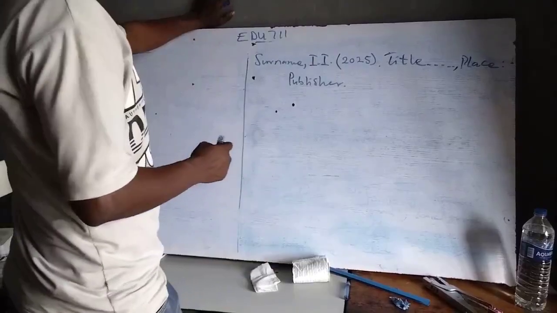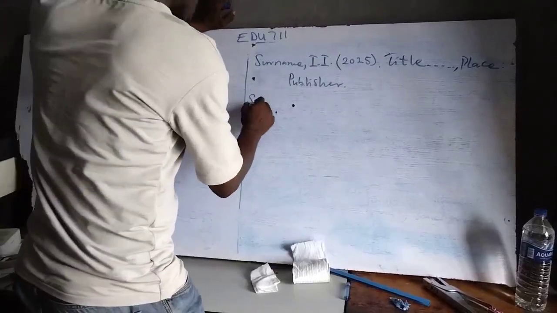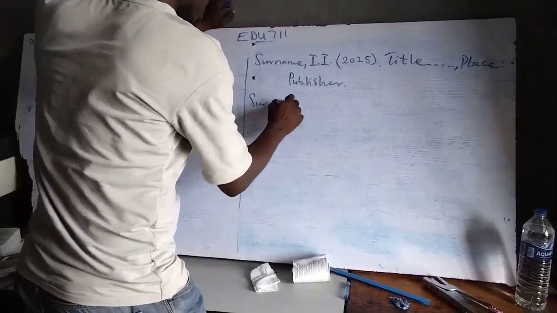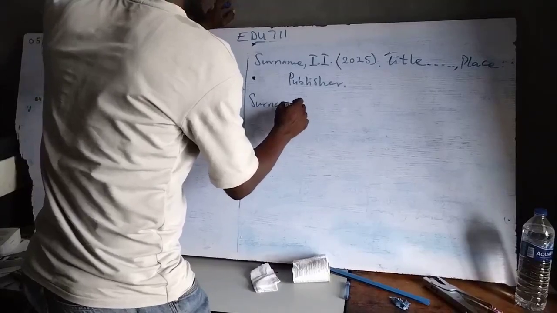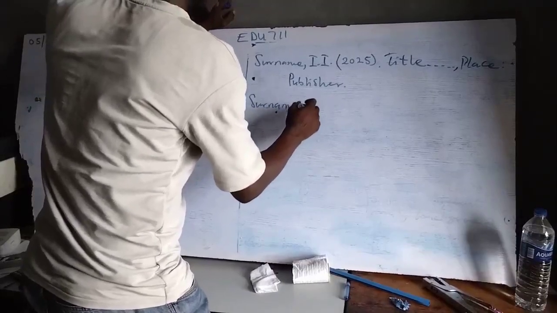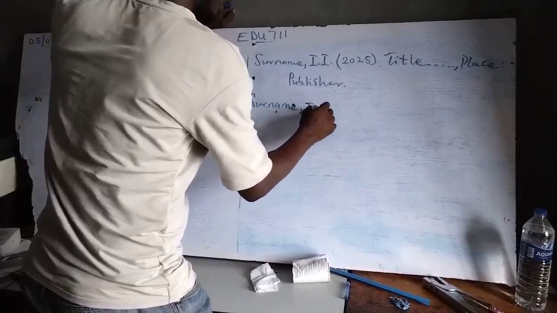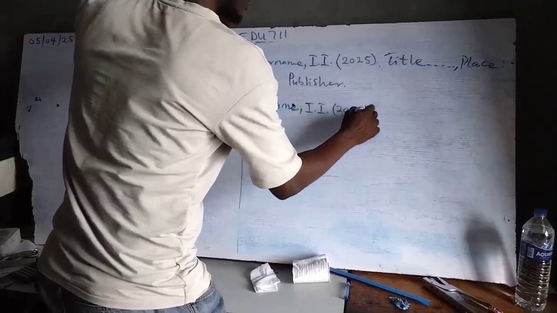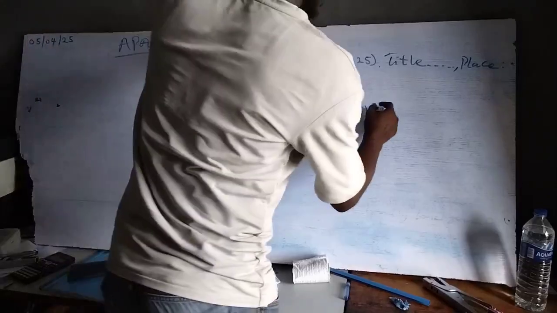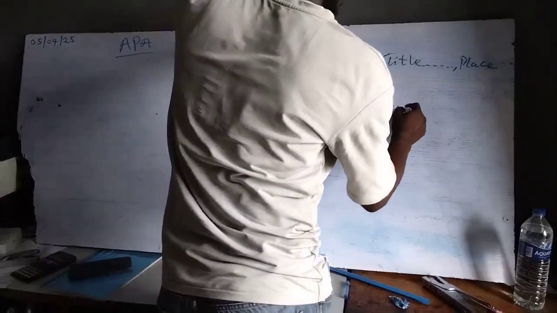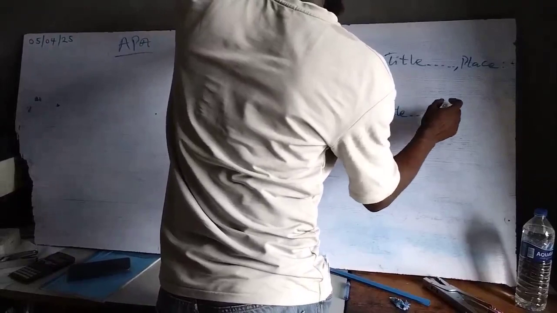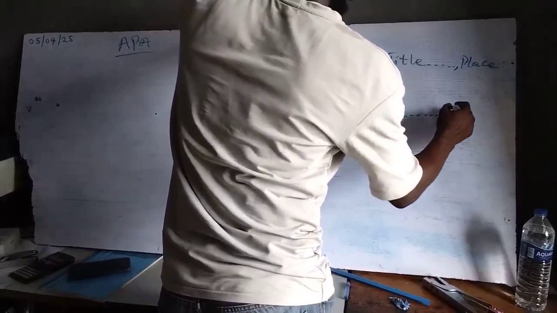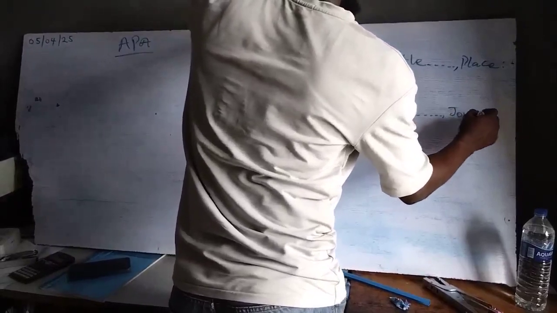Then if it is a journal article, surname, then comma, initials, year of publication, full stop, the title, then the journal name.